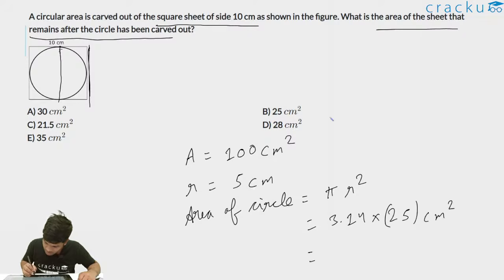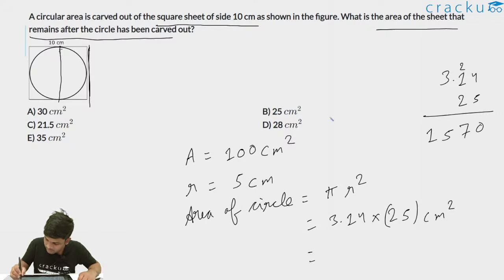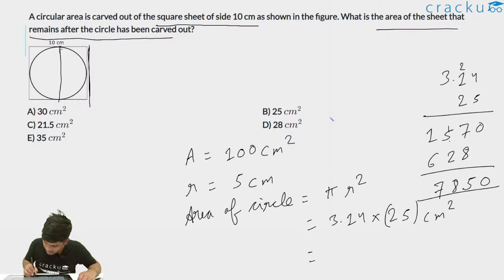Now if you multiply it, you will get 3.14 into 25. Now let's multiply it. 5 4 the 20, 5 1 the 5, 6 7, 5 3 the 15, and 4 2 the 8, 2 1 the 2, 3 2 the 6. So you will get 78.5 centimeter square.